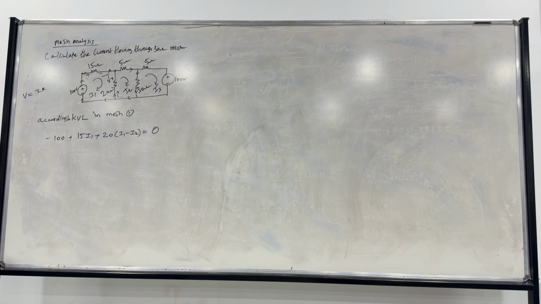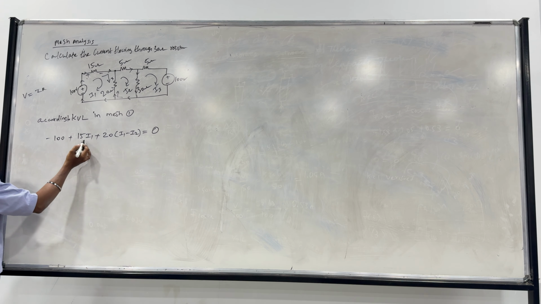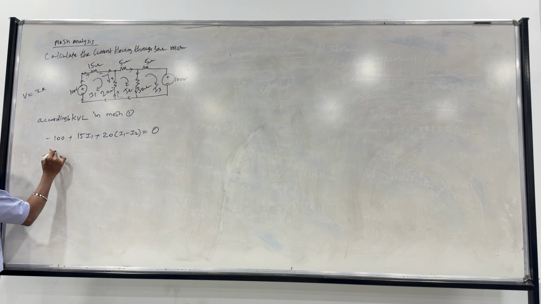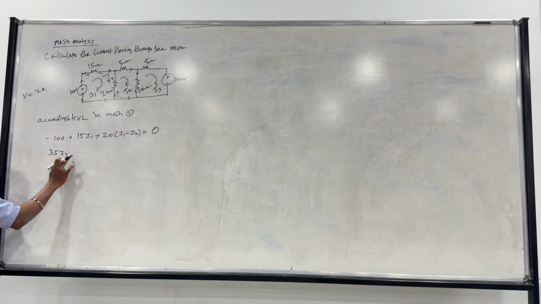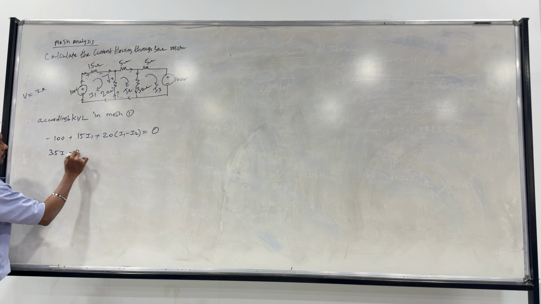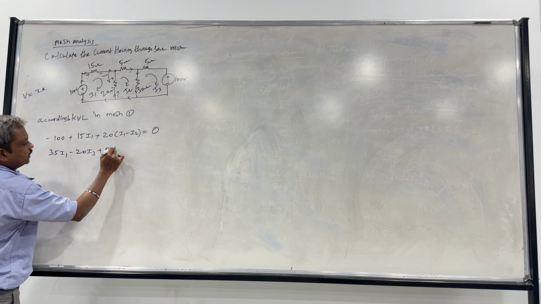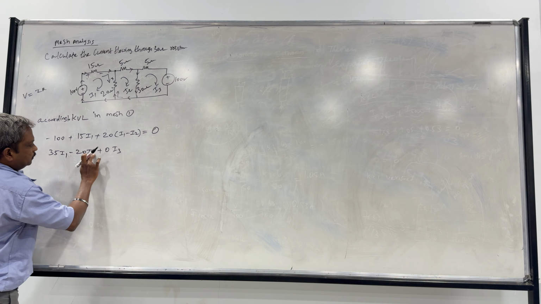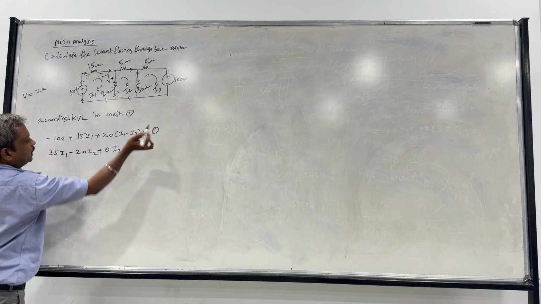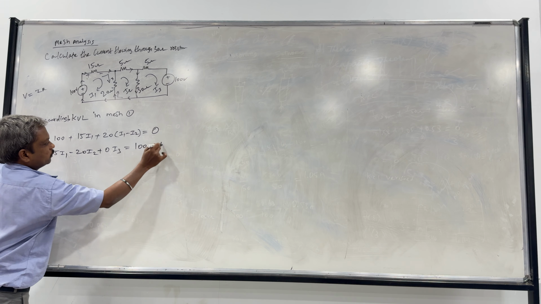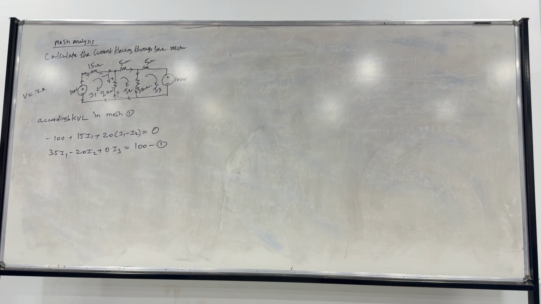Because if you have written the equation, the problem is completed. Now I am summating: 20I1 plus 15I1 is 35I1, minus 20I2, plus 0I3, equal to minus 100; moving to the other side it becomes plus 100. This is equation 1. Any doubt?